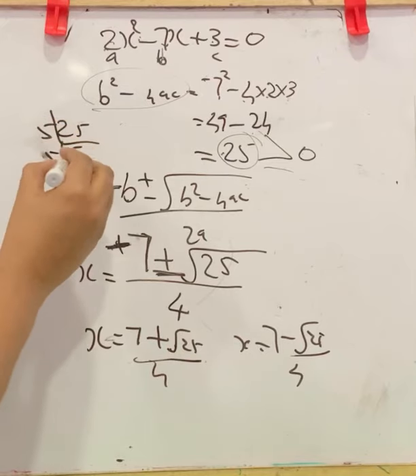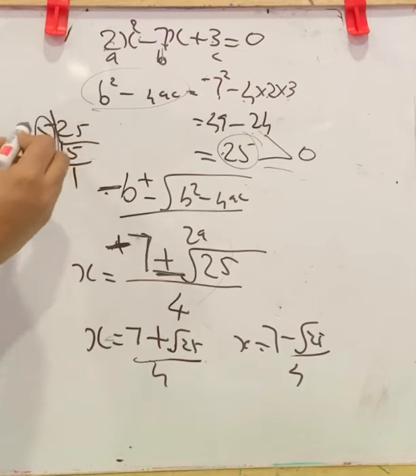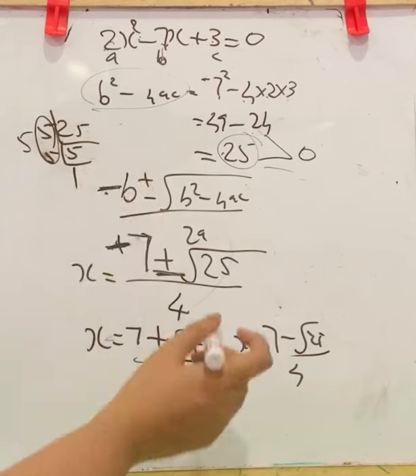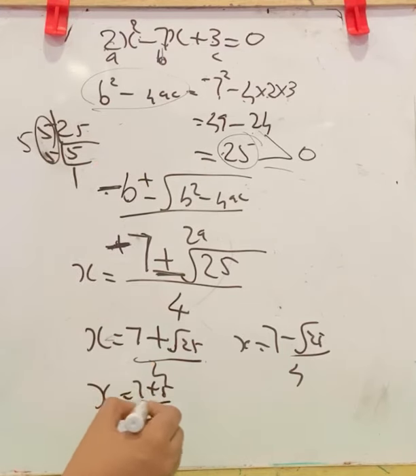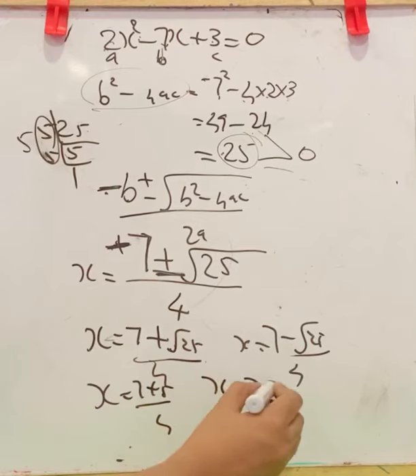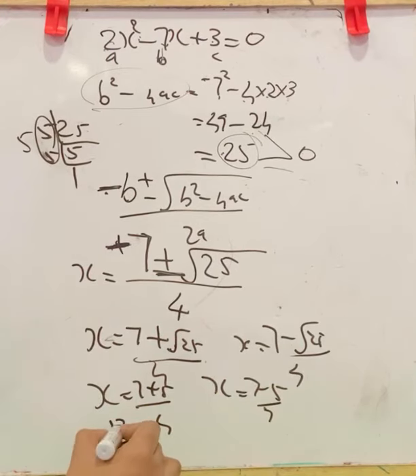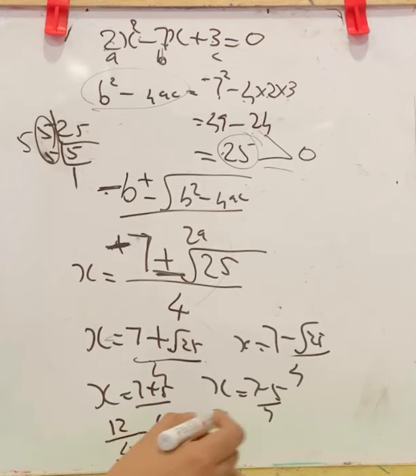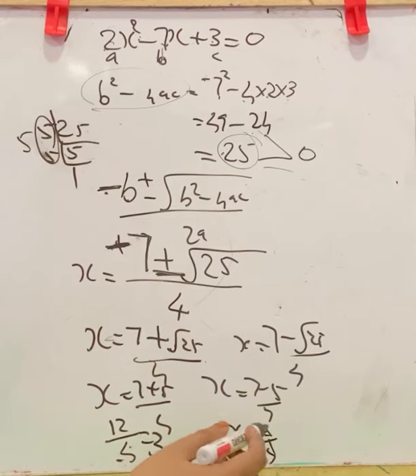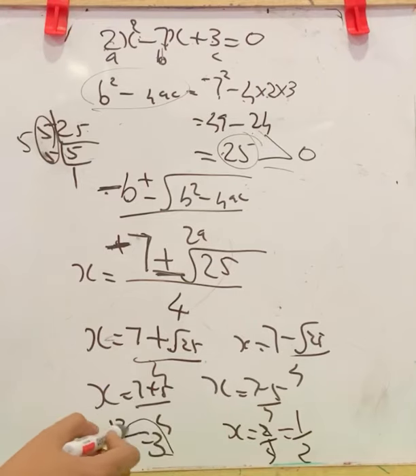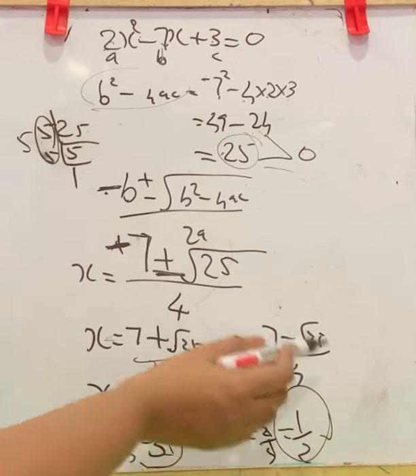X is equal to 7 plus 5 by 4, and x is equal to 7 minus 5 by 4. 7 plus 5 is 12 by 4, which is 3. 7 minus 5 is 2, so x is 2 by 4; cutting the common factor, we get 1 by 2. So the solutions are x equals 3 and x equals 1 by 2.